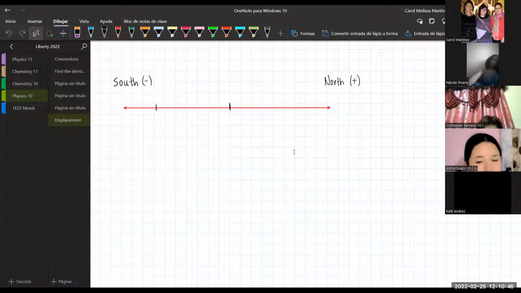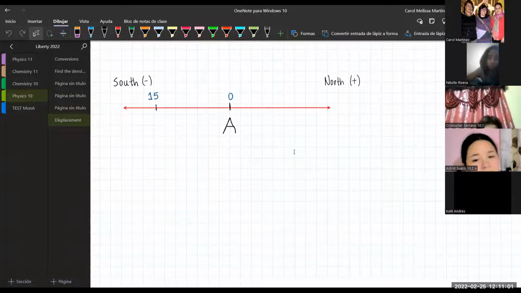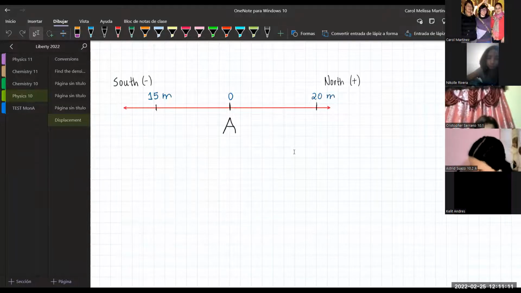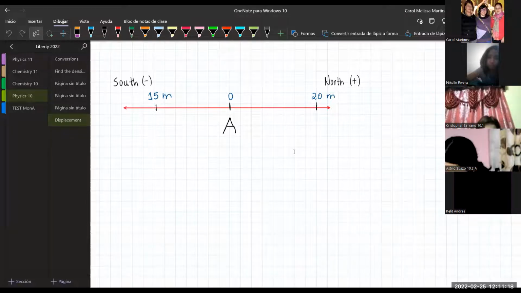Let's call this person A. Person A is located at this point. This point is point 0. Okay, so this person wants to travel to the point 1.